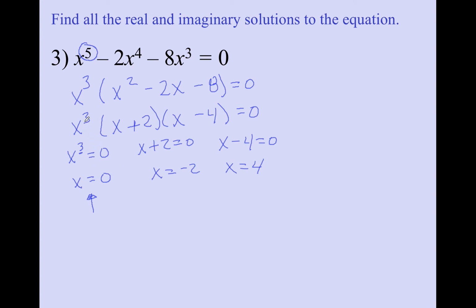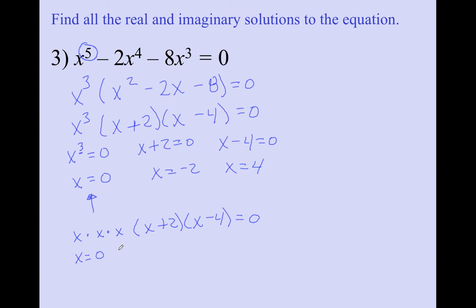So another way I could kind of explain this is, let's say I took this and it's x times x times x times x plus 2 times x minus 4 equals 0. Take each factor. How many factors are there? 1, 2, 3, 4, 5. Each factor is equal to 0.